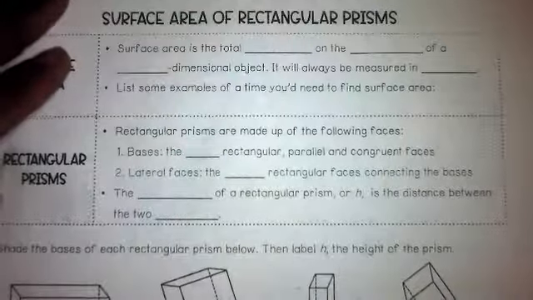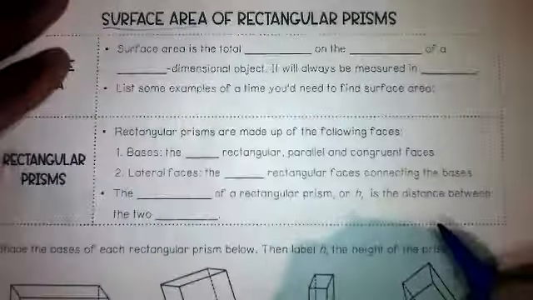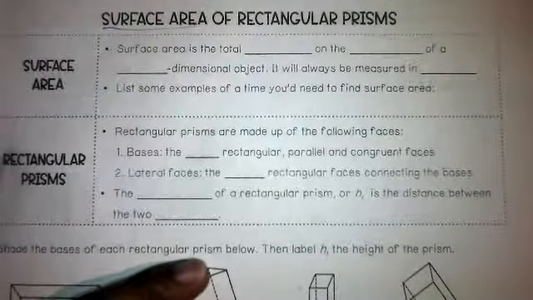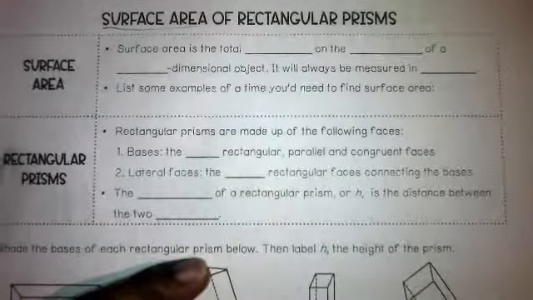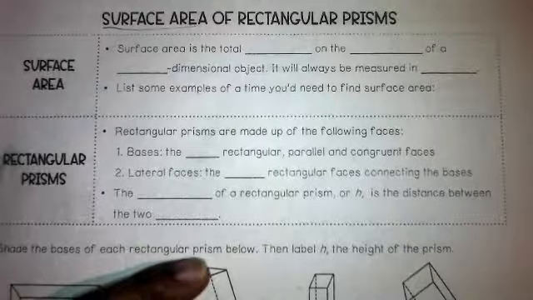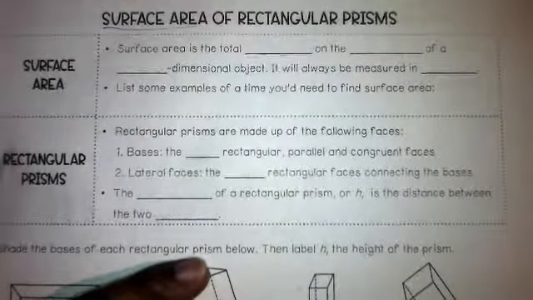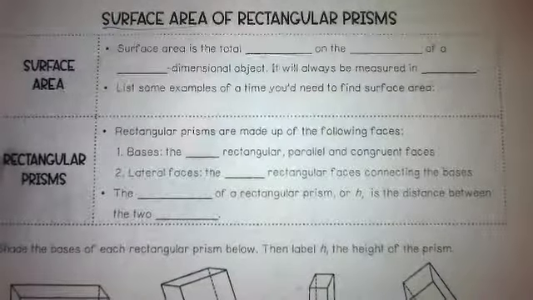Okay, so we're starting to talk about surface area this week. What we want to make sure we understand is that, first of all, surface area talks about how to cover something. A good example would be when you're wrapping a gift for a friend.